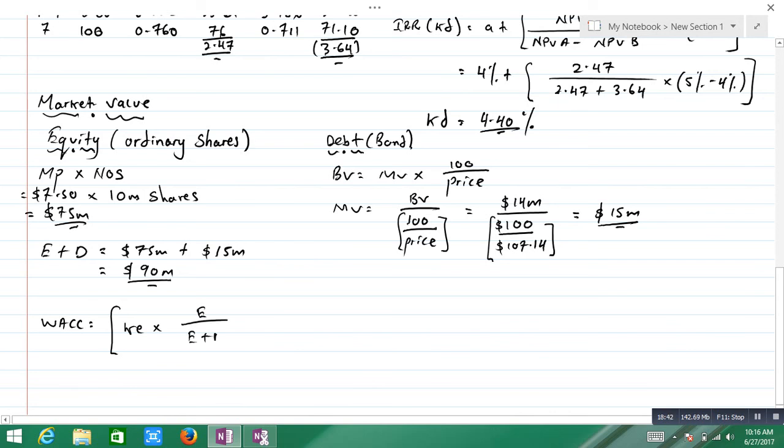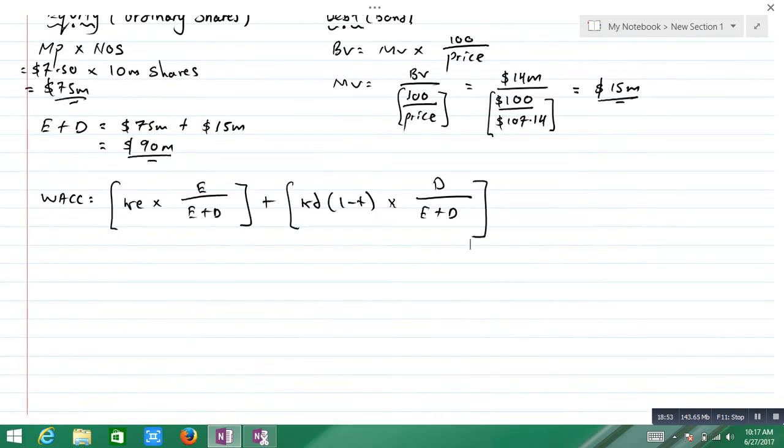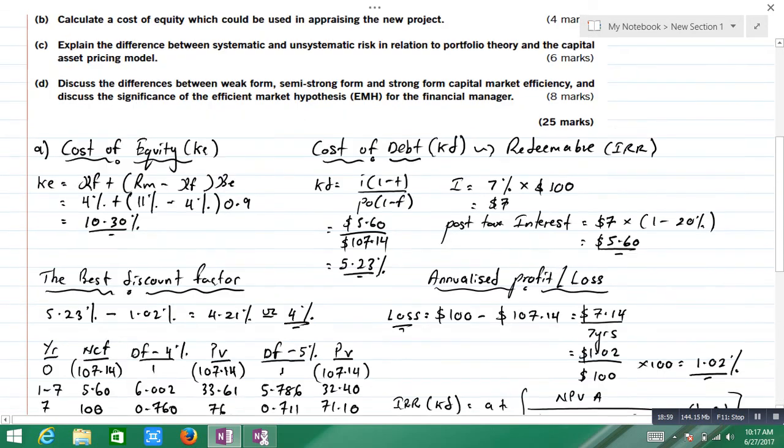So our KE, back to the working that we have done, our KE is going to be 10.3% times the E, 75 million over 90 million, where E plus D is 90 million.